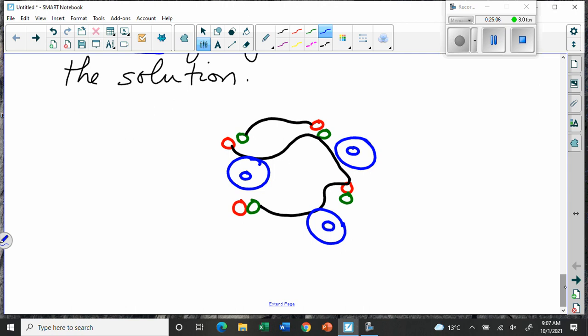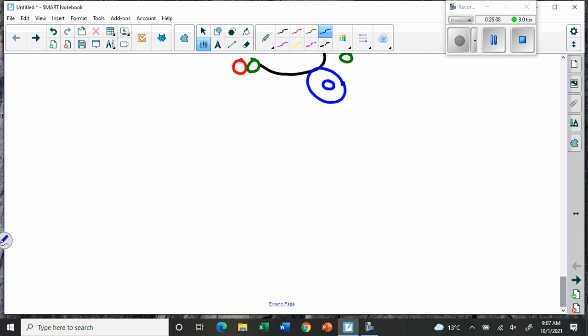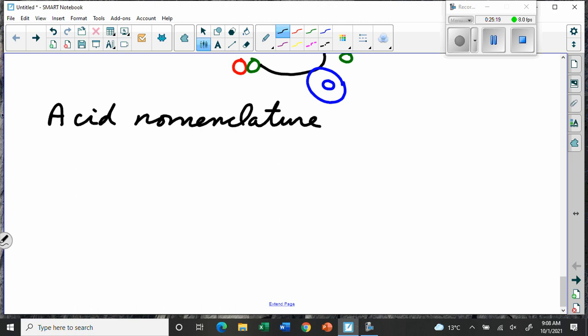Now let's look at how we describe them all and how we name acids. So let's look at what we call the acid nomenclature. Because you need a hydrogen ion to be popped off and join up with the water to make hydronium, you're going to notice that acids all have hydrogens in them somehow.